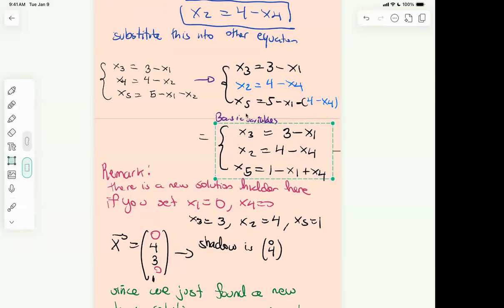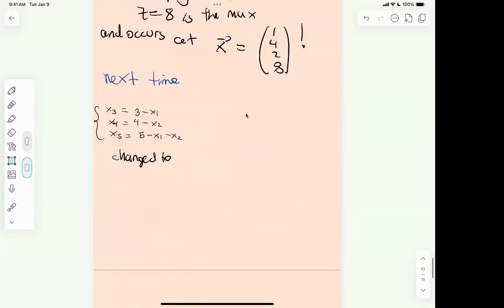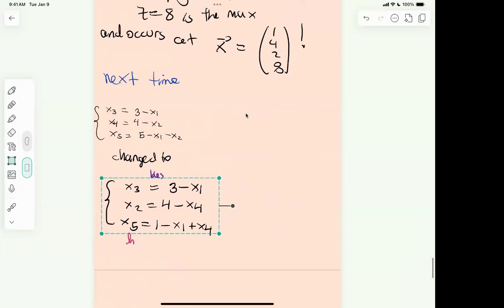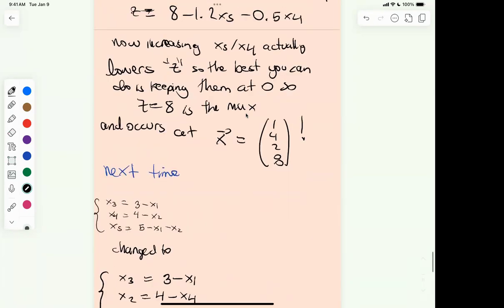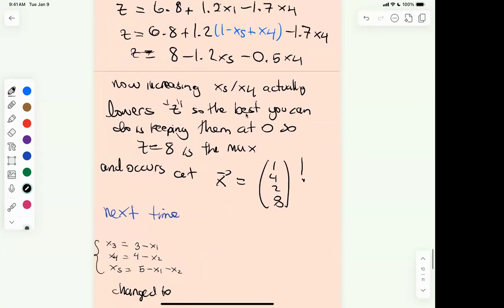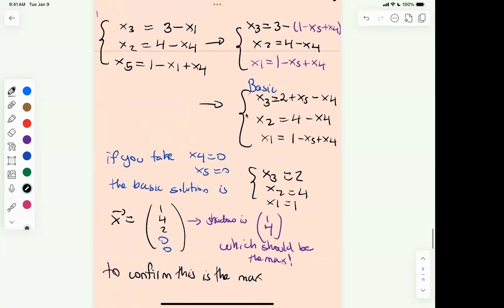That was the first major change of variables that we had done. And then this was changed to the very last one that we had in here.